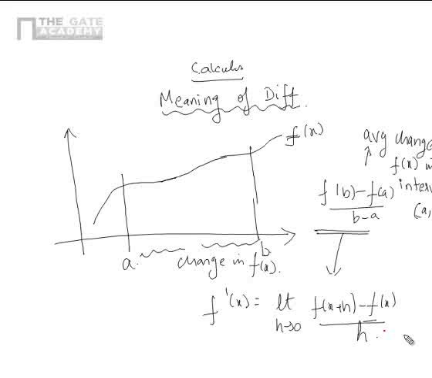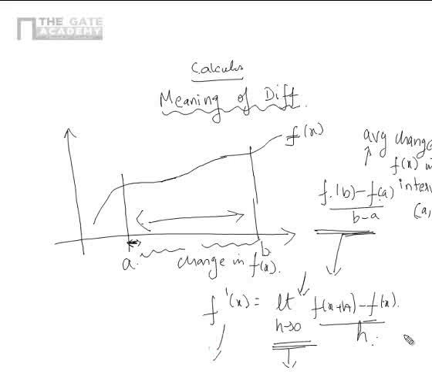If we observe closely, f of b minus f of a by b minus a is the average change because I am doing it over a big interval. And this f dash of x is the same difference by the length of the interval, but for a very small region. So if this is the average change, what is f dash of x?